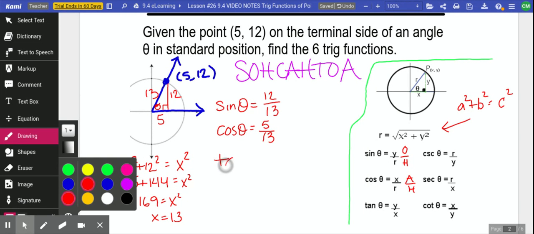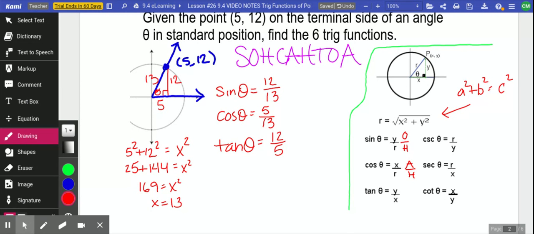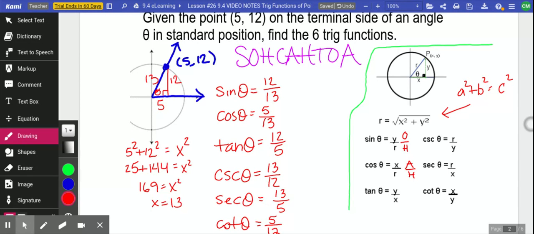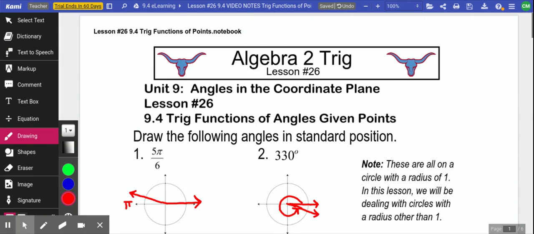And then we have tangent of theta, which is opposite over adjacent, or y over x in this case, or 12 over 5. And then our other three trig functions are really easy once we have those because they are flipped. So cosecant theta is sine flipped. That's 13 over 12. Secant theta is cosine flipped. That's 13 over 5. Cotangent of theta is tangent flipped, so that's 5 over 12. So that's how we find the 6 trig functions, given a point.